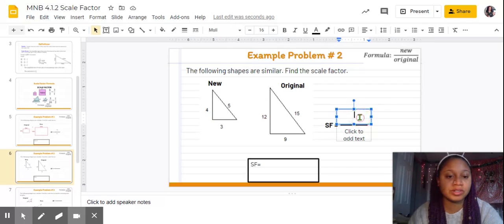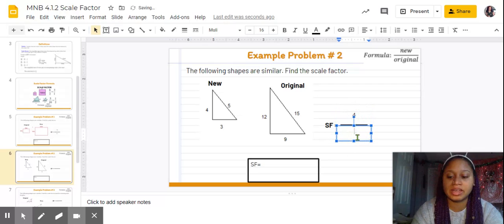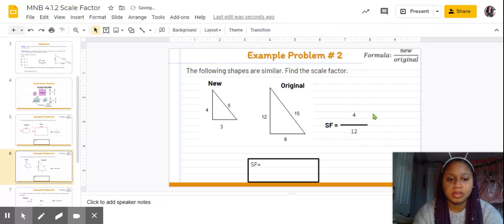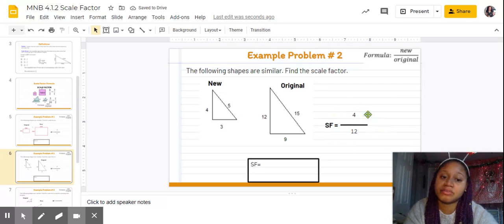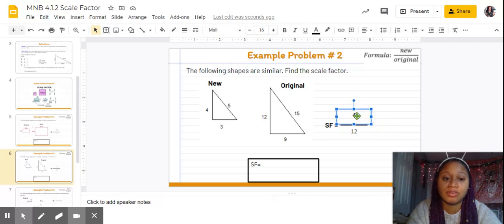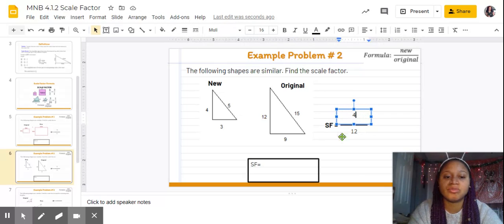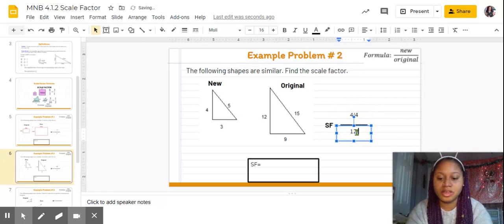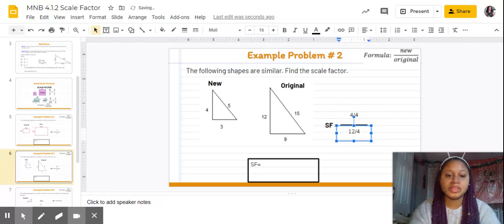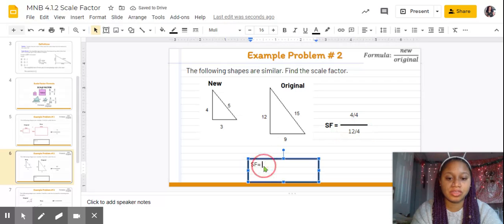So the new comes first, so I'm doing 4 divided by 12. When you have a fraction like this, you're just going to find what number you can divide both 4 and 12 by, which is 4. You can divide 4 by 4 and 12 divided by 4, and then you get 1/3. Because 4 divided by 4 is 1, 12 divided by 4 is 3, so 1/3.